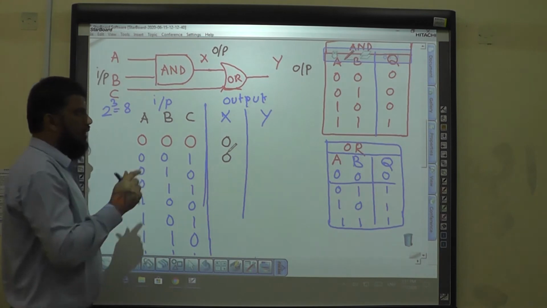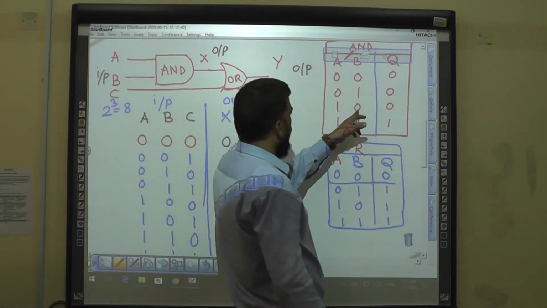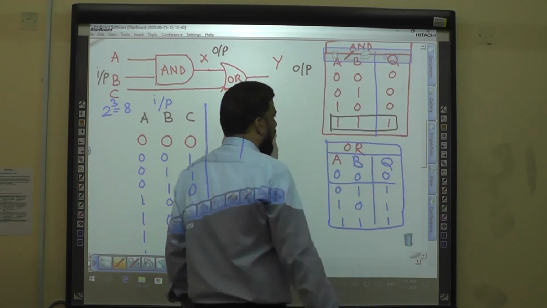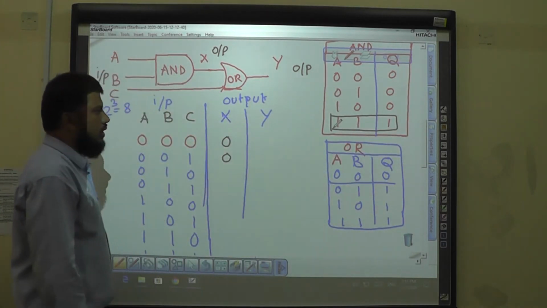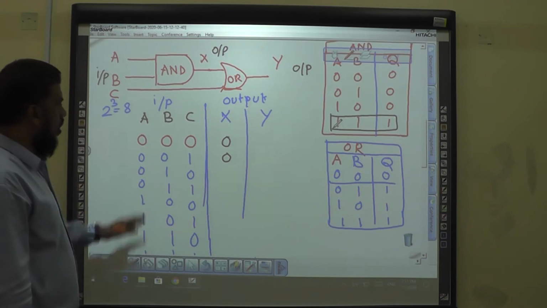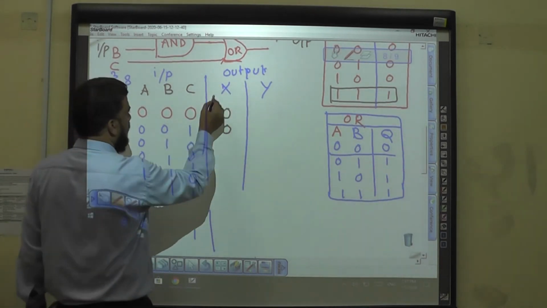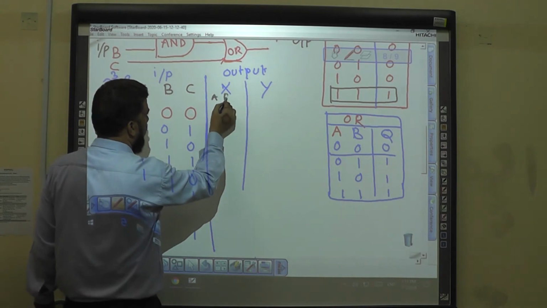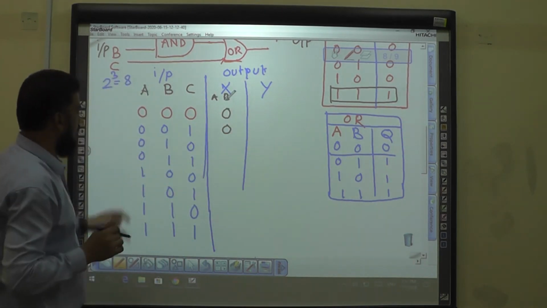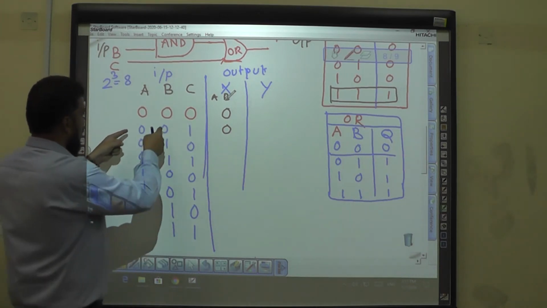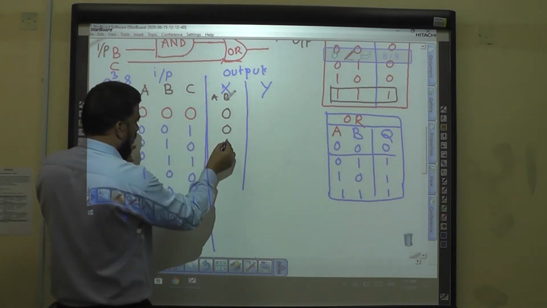And we know that if any one of the inputs is 0, the output is 0, except 1 1. You can see here, X comes from the A and B inputs. Only see A and B. If any one of the inputs is 0, you put the output as 0. See here, 0 1, 0.